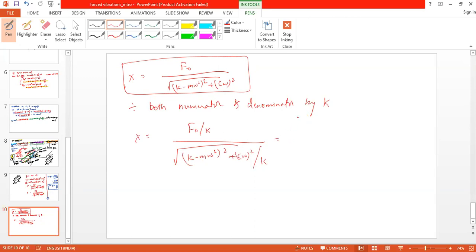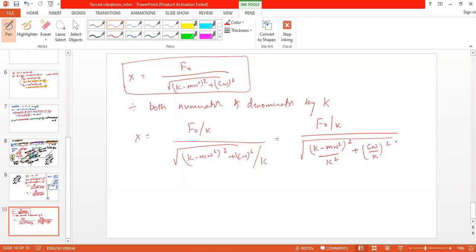So how can you simplify this? This is f naught by k divided by the root of, if I bring this k inside the root, it will become k square. So that will be divided for both the terms. So it's k minus m omega square whole square divided by k square plus c omega by k whole square.